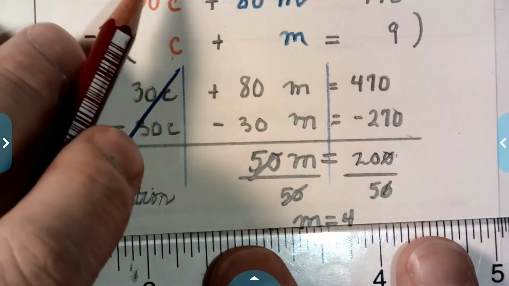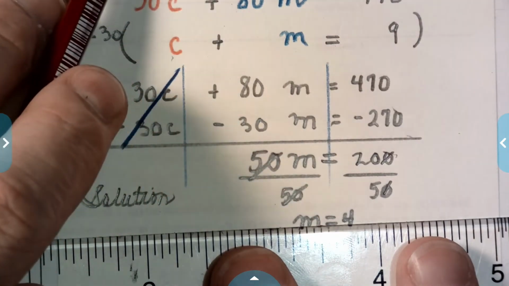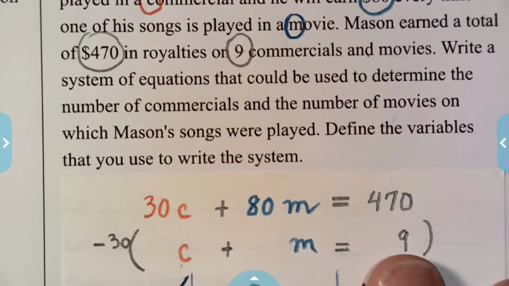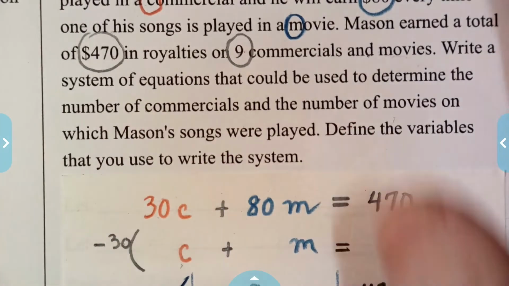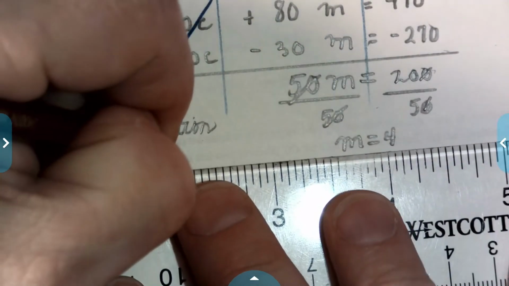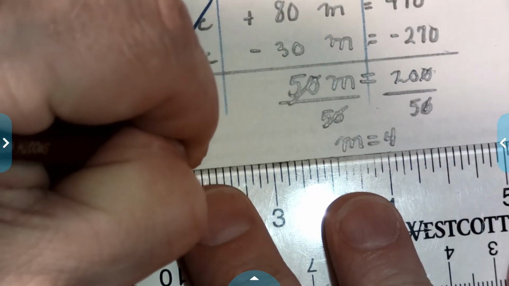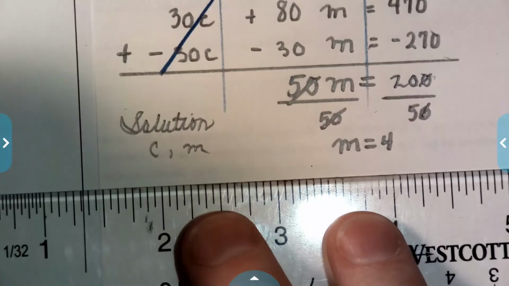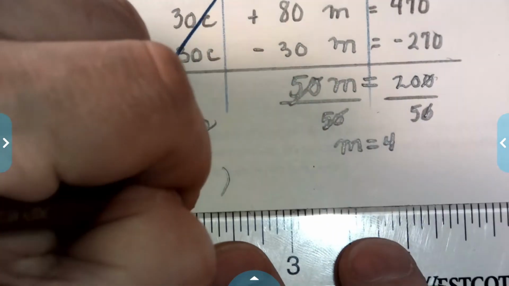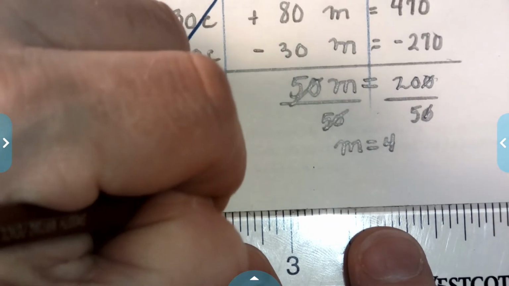And it says commercials and movies. The problem lists here commercials and movies. So we'll do C, comma, M. So C, comma, M. And so the M value is known to be 4.